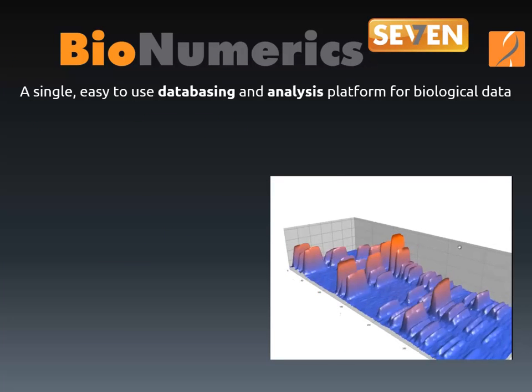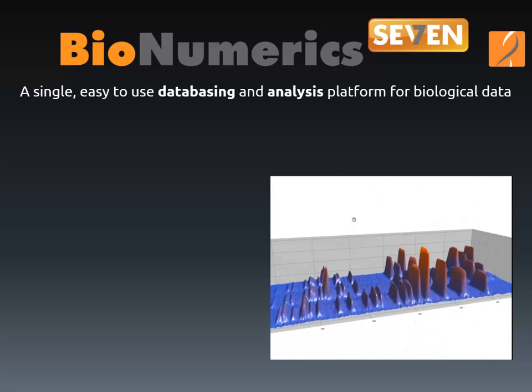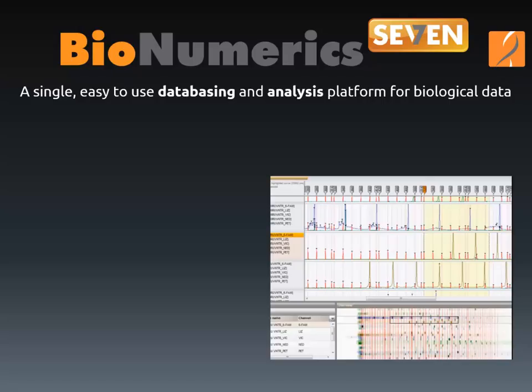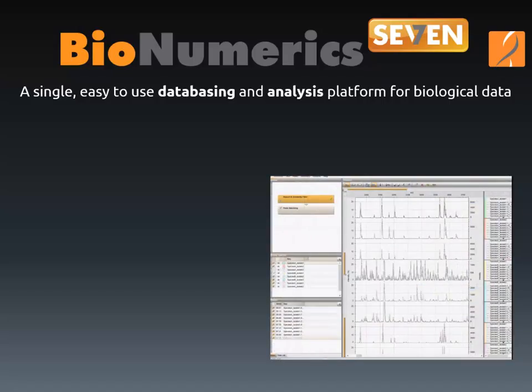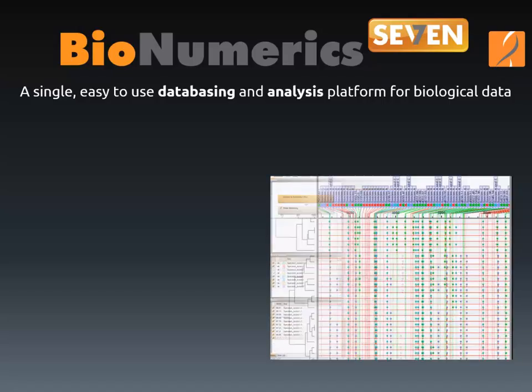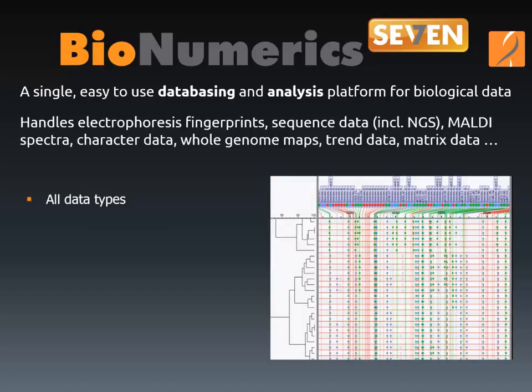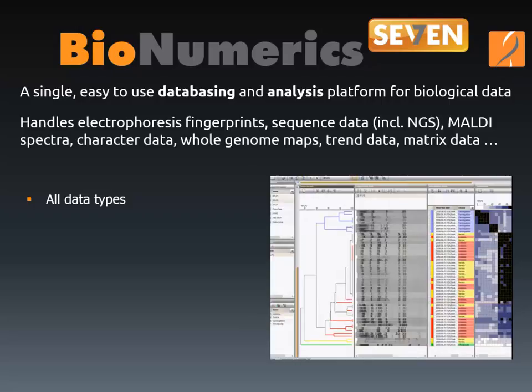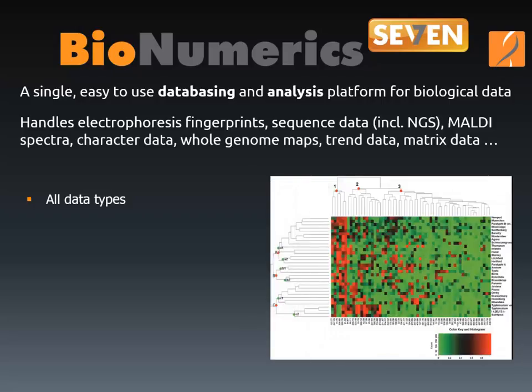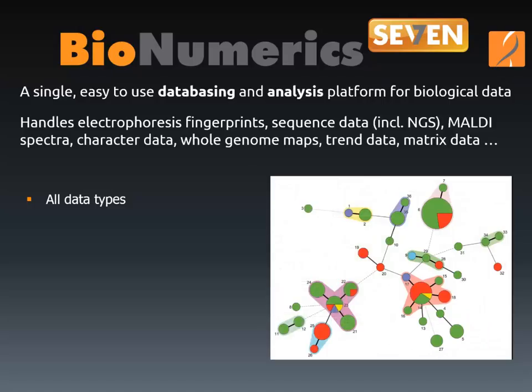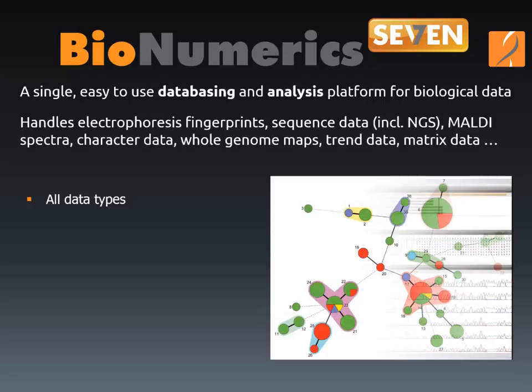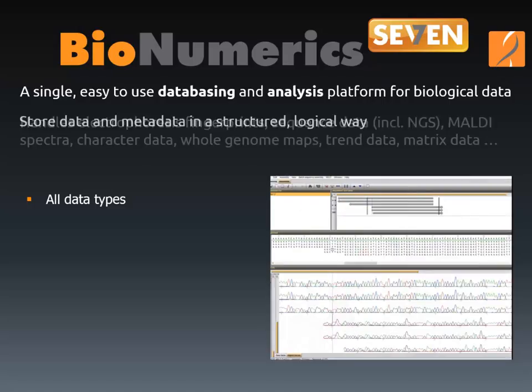In short, BioNumerics 7 is the most user-friendly databasing and analysis platform, able to handle nearly all your types of biological data. Apart from storing and analyzing electrophoresis fingerprints and sequence data, including data obtained with next-generation sequencing technologies, BioNumerics also handles multi-spectra, character data, whole genome restriction maps, and more.